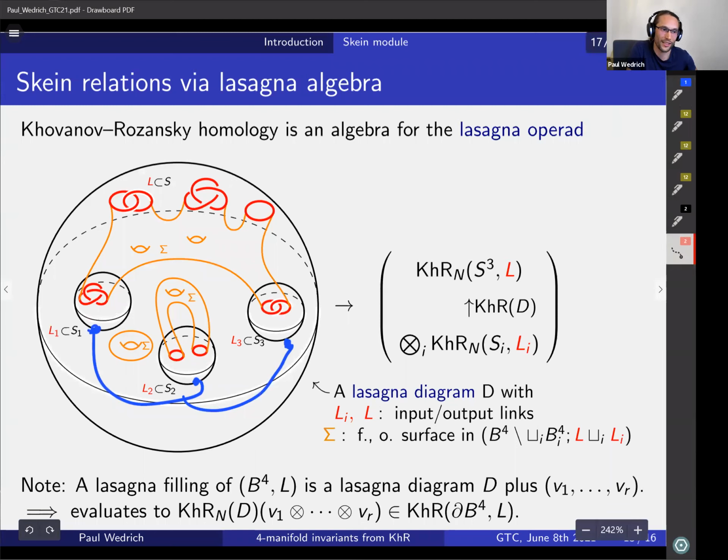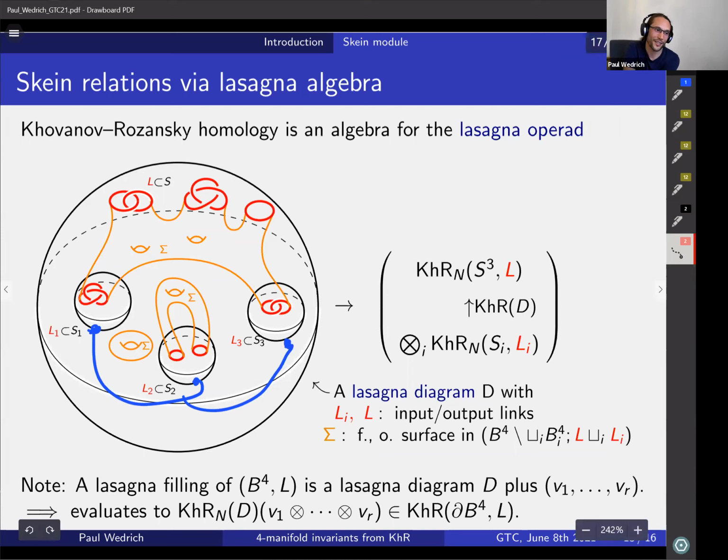And then we use the lax monoidality of Khovanov-Rozansky homology to give us a map from the tensor product of the Khovanov-Rozansky homologies to the Khovanov-Rozansky homology of the disjoint union, and then we use the usual functoriality.